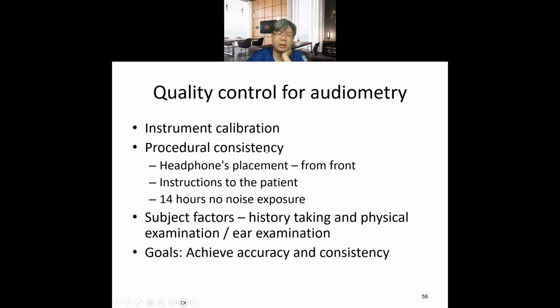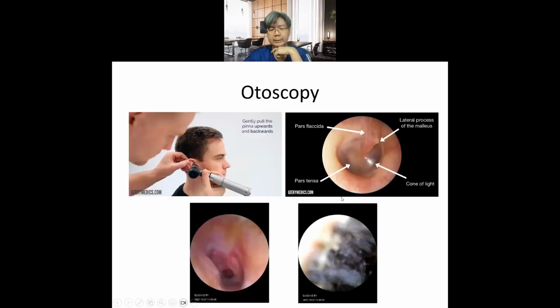The audiometry machine has to be calibrated, and they give the same instruction to all the workers, such as 14-hour noise exposure avoidance, etc., to make sure all the procedures are carried out consistently. All these are provided under the Industry Code of Practice for noise exposure already. Okay.